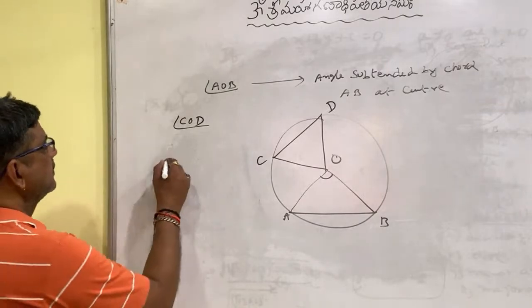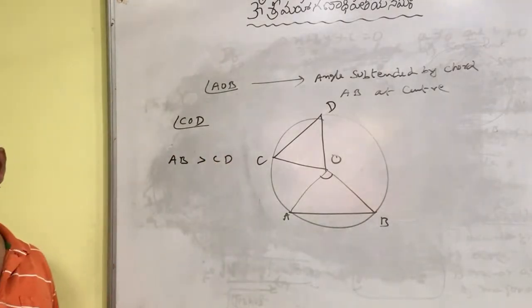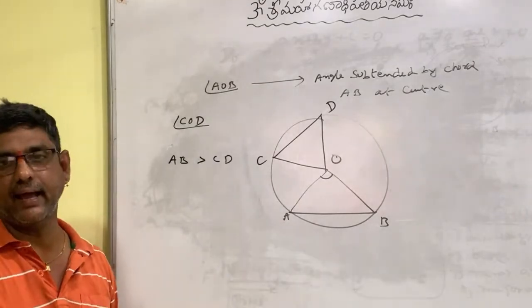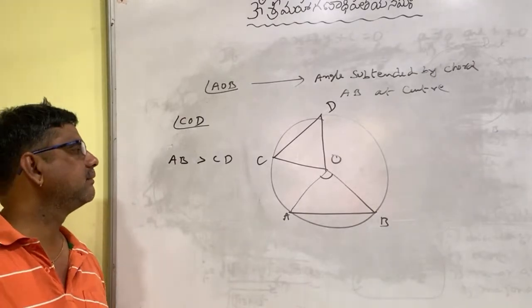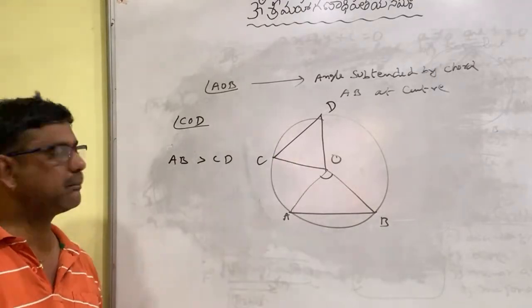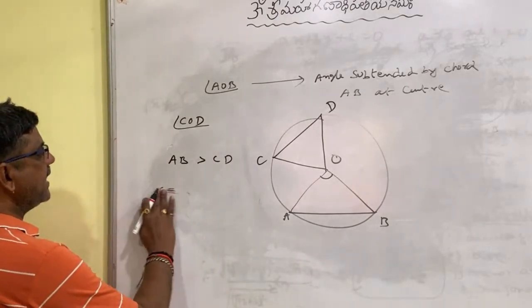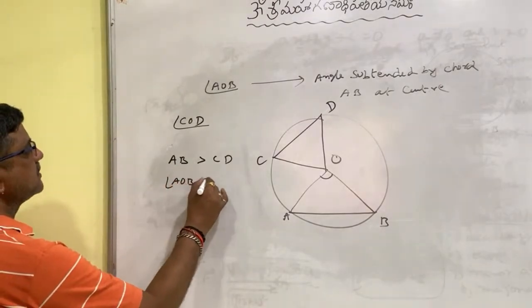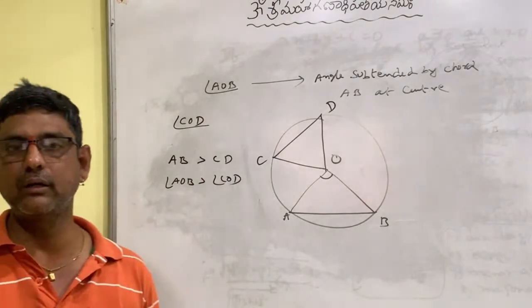Is that right? I didn't give the measurements, but you can observe it. Here AB is greater than CD. That means since AB is greater than CD, automatically angle AOB is greater than angle COD. That is what you have to understand.